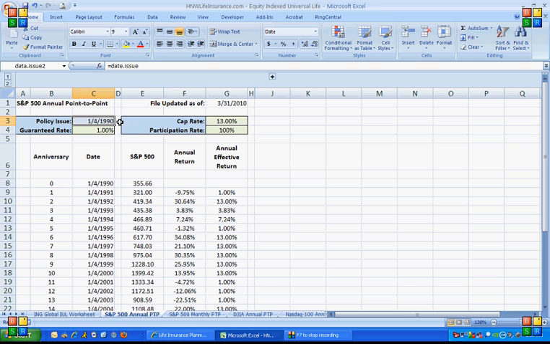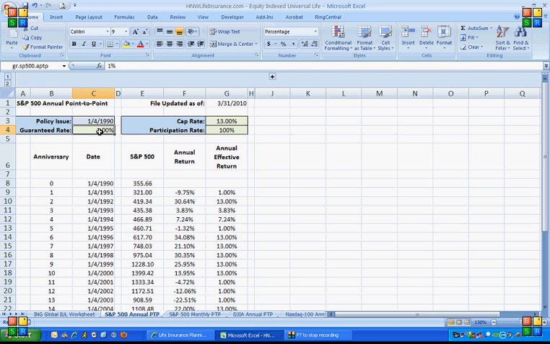What you'll see here is we've built in a policy issue date. All this information is current as of March 31st of 2010, and we're going to assume, looking at hindsight, that we put this money in on January 4th of 1990.